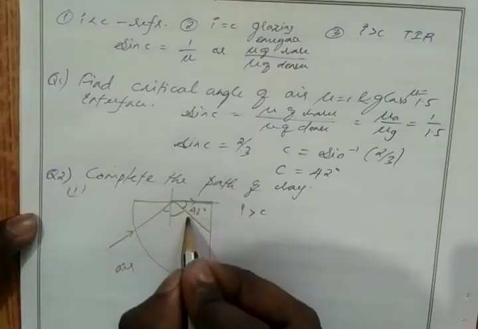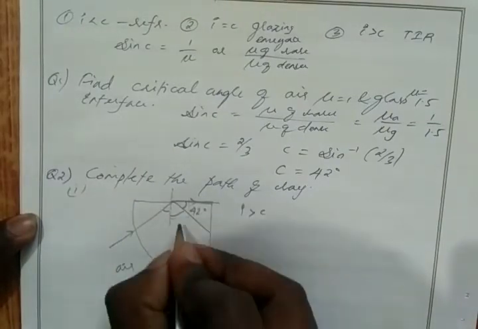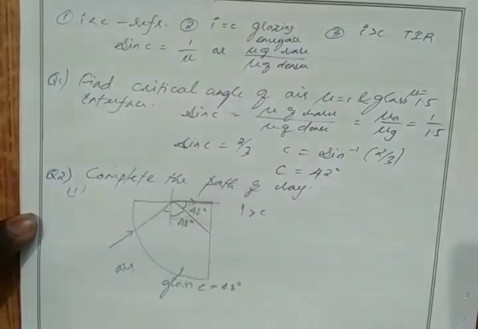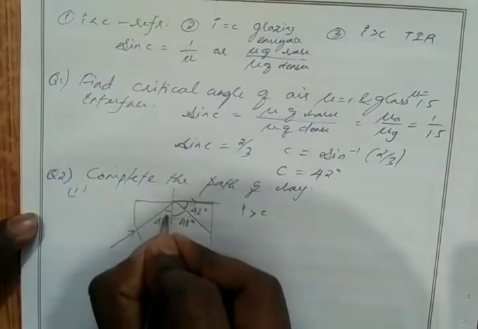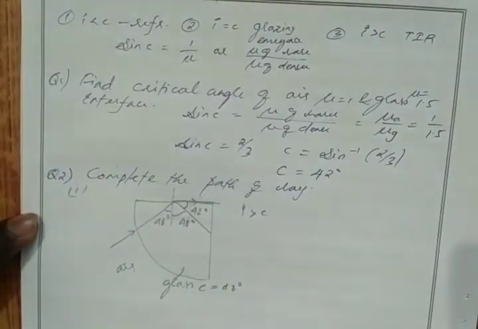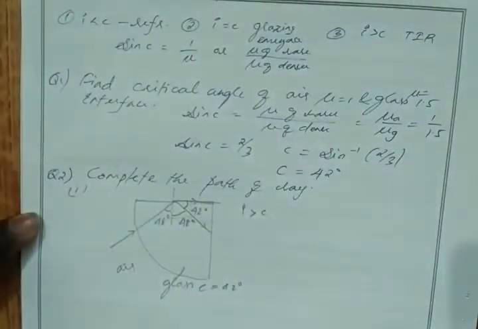If this total angle is 90, then 90 minus 42 will be 48. According to the laws of reflection, angle of reflection should be equal to angle of incidence. So 48 degree, correct? Then light is reflected and it gets total internal reflection.